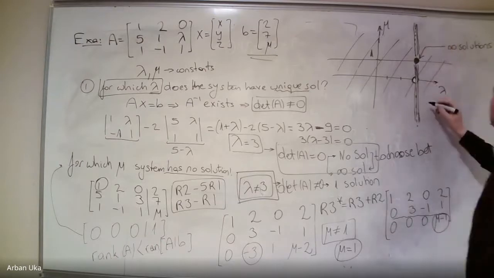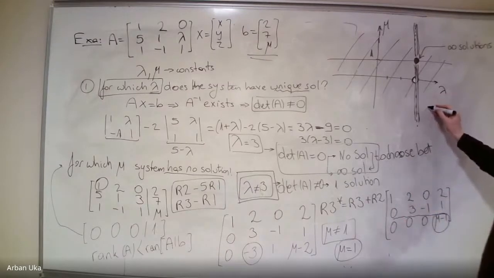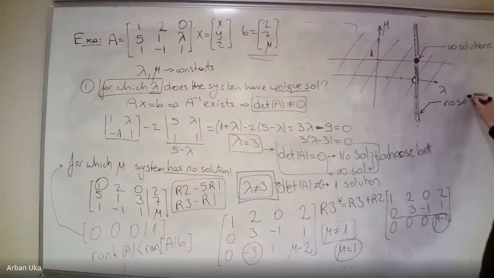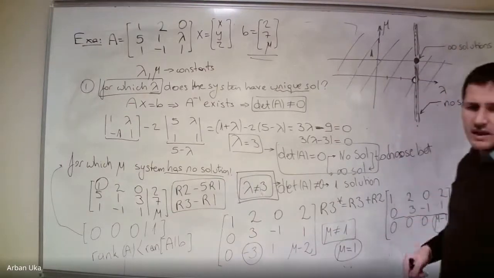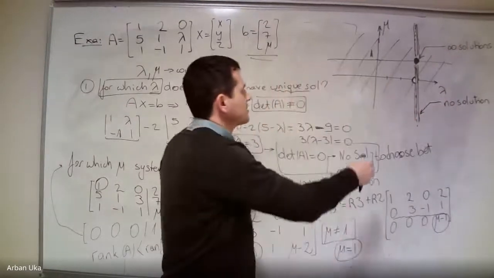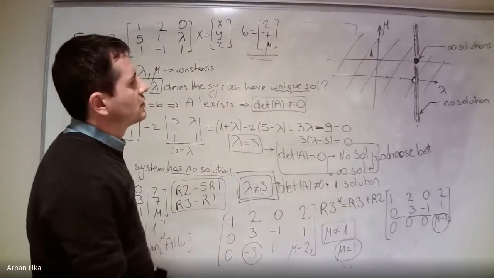So this triple line corresponds to mu different from 1, we have no solution. So the problem that we have to analyze is what happens in this line where lambda is equal to 3.